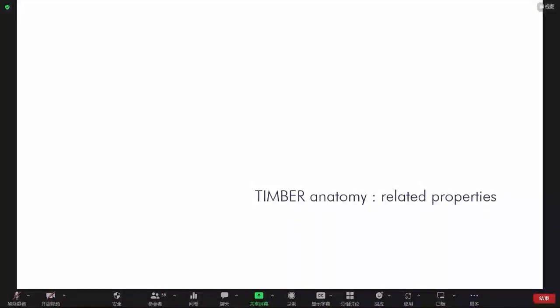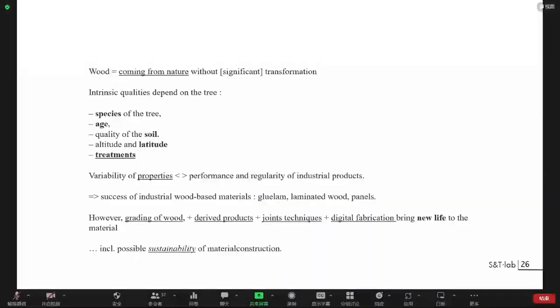So let's move from this to a timber anatomy related question, and see what the connected properties would be. Wood or timber comes from nature without significant transformation. That's true to a certain point, as we will see if we want to manage the issue of water, for instance, or fire.